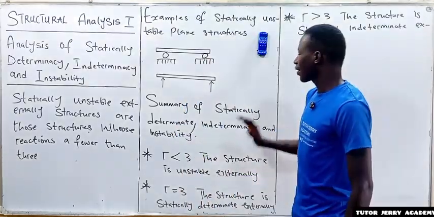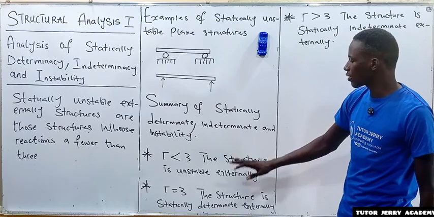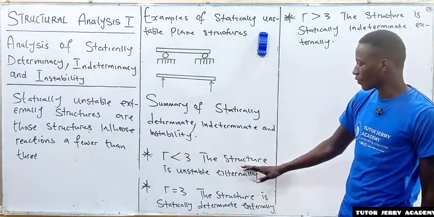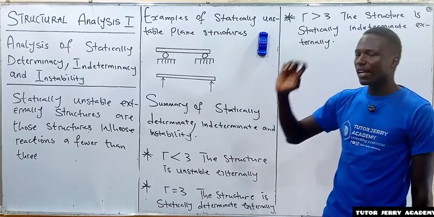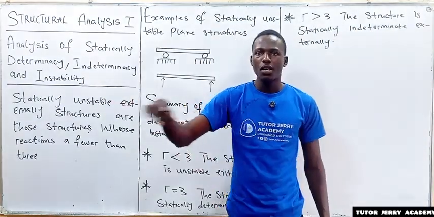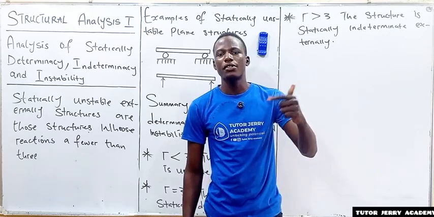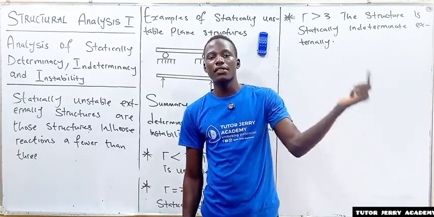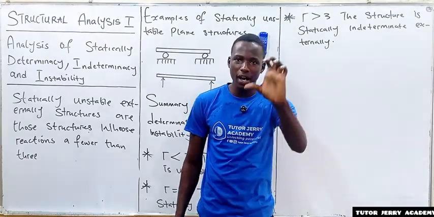We have R less than 3, which we know to be necessary and sufficiently unstable. But then we have R equals 3 and R greater than 3, which are necessary, but not sufficient. The reason is because we can have a structure whose reaction is equal to 3, and we can also have a structure whose reaction is greater than 3, that is unstable due to improper arrangement.